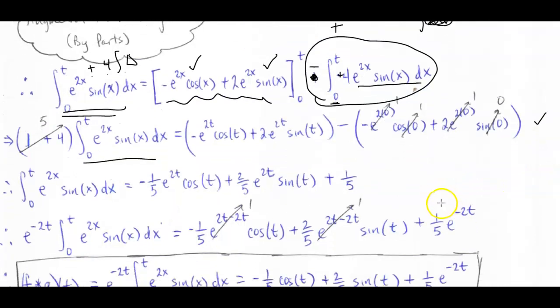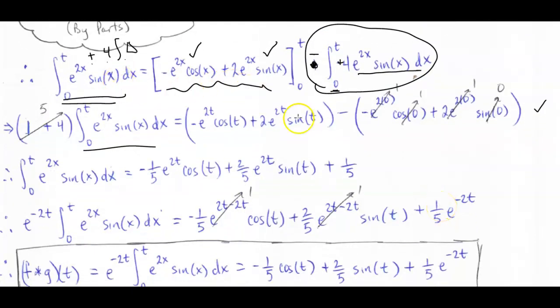From there, we see that our first 2 terms are just what we normally saw, but instead of having x, it has t. Second term, everything pretty much reduces to either 0 or 1. And at that point, to get the integral from 0 to t of e raised to the 2x times sine of x dx by itself, we are going to divide both sides by this constant 5 here.